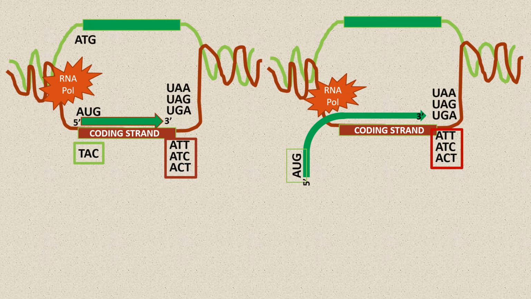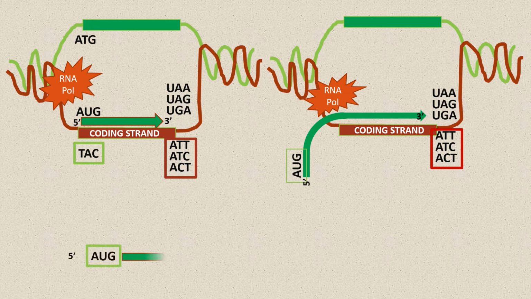That's the way that the messenger RNA is produced. Again, it has the sequence that reflects the non-coding sequence because it's complementary to the coding strand, which is encoding for every specific gene.